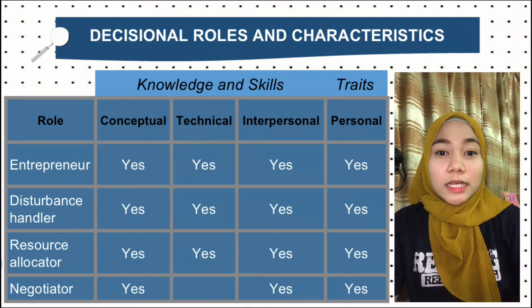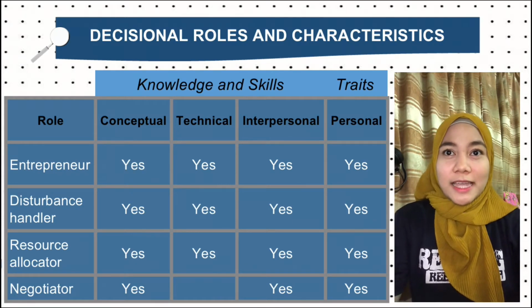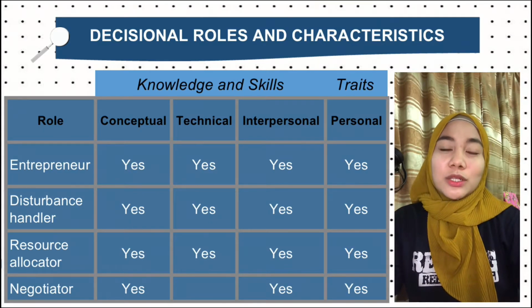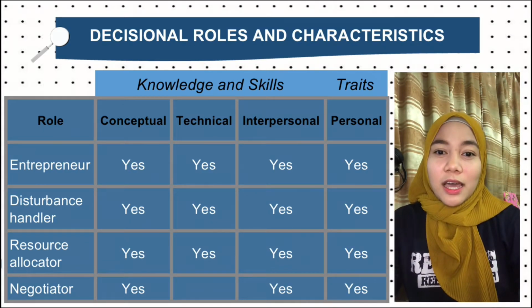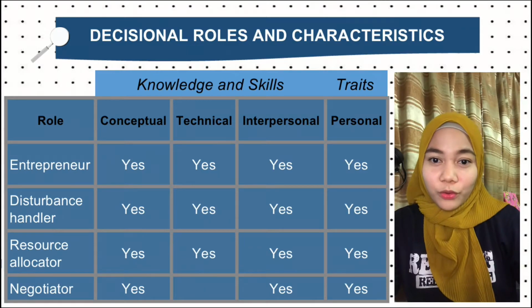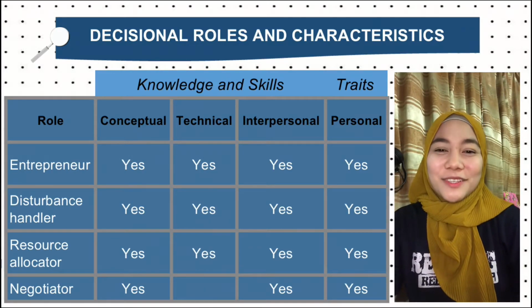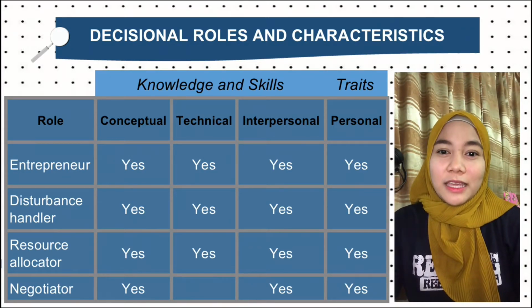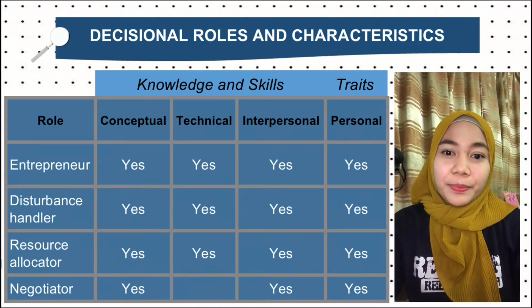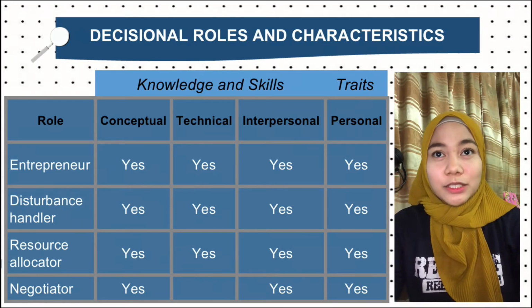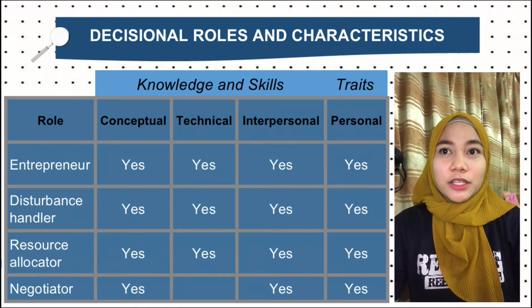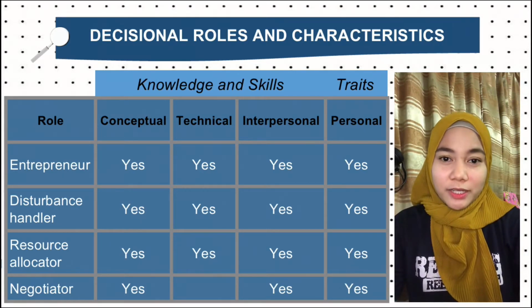What about the technical knowledge and skill? Technical knowledge and skill are needed for all four decisional manager roles. And the same goes for the interpersonal knowledge and skills and also the personal traits.